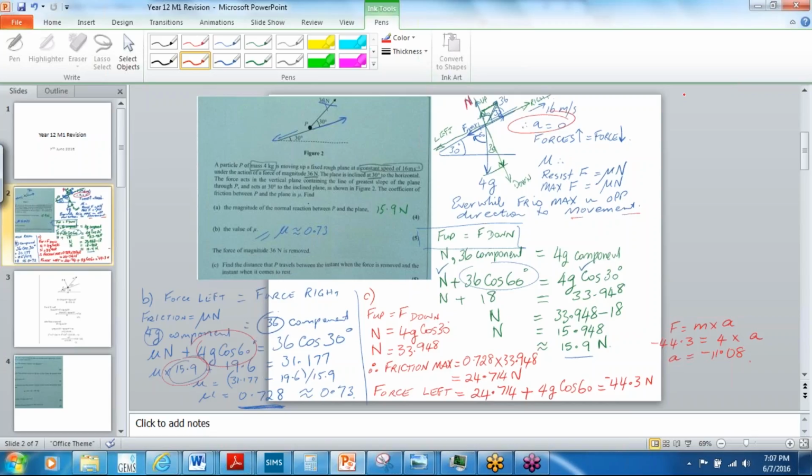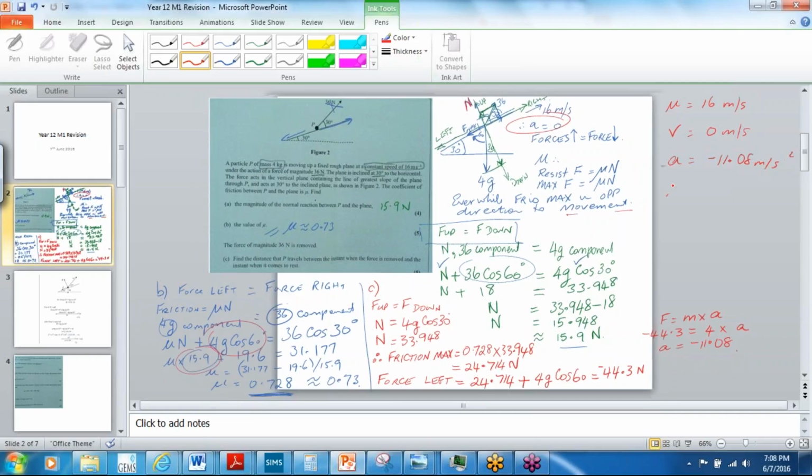So let's have a look at our values that we've got. We've got an initial velocity up the plane of 16 meters per second. We've got a final velocity of 0 meters per second. We've got an acceleration of negative 11.08 meters per second squared, and we want to find how far it takes. So we can use v squared equals u squared minus 2as.